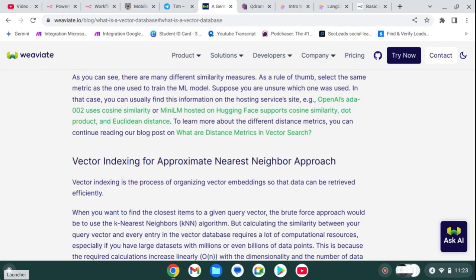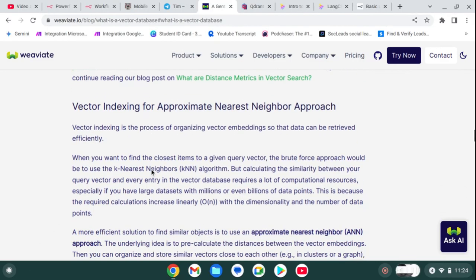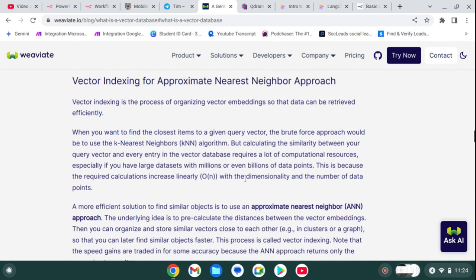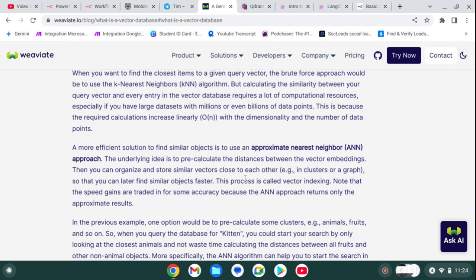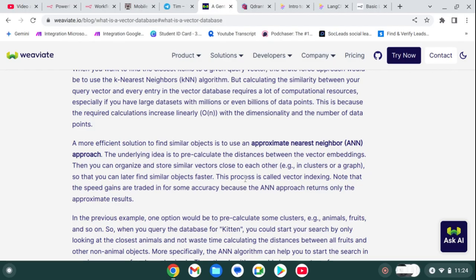When you want to find the closest items to a given query vector, the brute force approach is the k nearest neighbor (KNN) algorithm. But calculating the similarity between your query vector and every vector in the database requires a lot of computational resources, especially if you have a large data set with millions or even billions of data points.